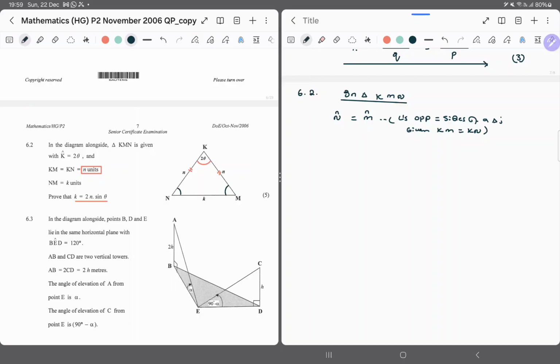I like to complex my stories, because one could easily say KM is equal to KN given and therefore deduce that these two are equal, provide that reason, but you can do it all at once to save some time. I mean, why not?